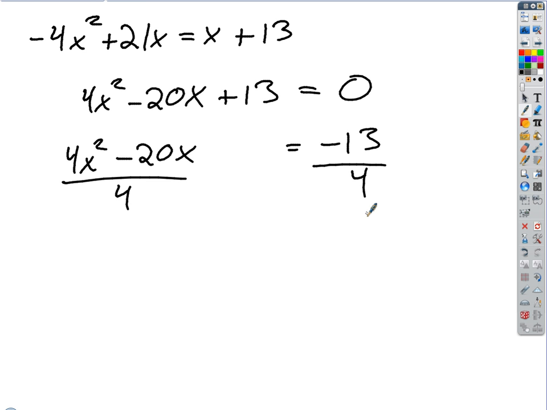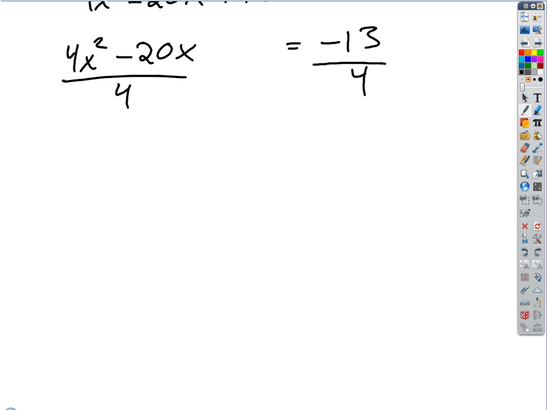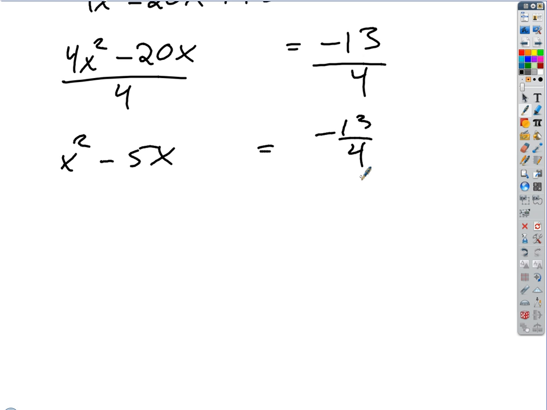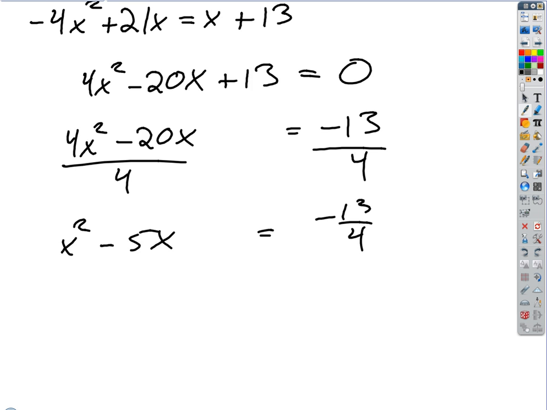Right, so now if I divide two terms by 4, I'm just dividing them individually. So on the left side, the first term is going to be x squared, and the second term is going to be minus 5x. Over here, we're just going to get negative 13/4. Do you have to divide the negative 20x? You do. This is the same thing, by the way.